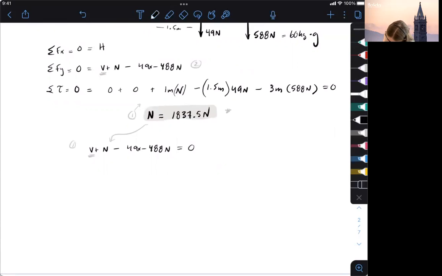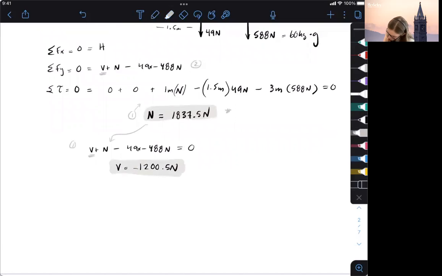When we plug that in, we can get a value for V. So V is going to be equal to 1200.5 newtons. That's our final solution for V.